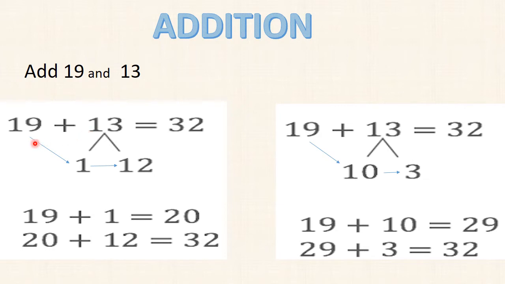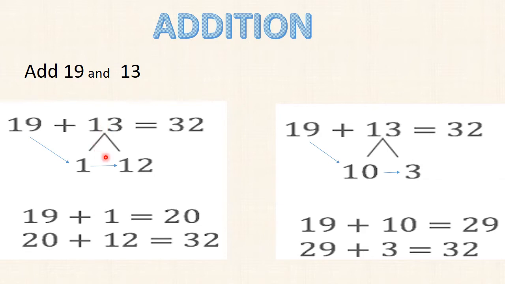In this case, if I have 19 and 13, I just broke 13 into two numbers, 1 and 12. I know that 1 plus 12 is 13, right? So I am going to break 13 into two such numbers that if I add them together, I again get 13.